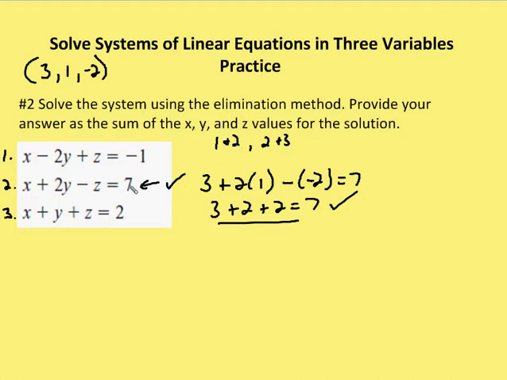The ordered triple is a solution of this particular equation number 2. Now let's substitute those values in for equation number 3 and see if they hold true. I have 3 plus 1 minus 2 is equal to 2. 4 minus 2 is equal to 2, so 2 is equal to 2. This particular equation checks out and holds true.